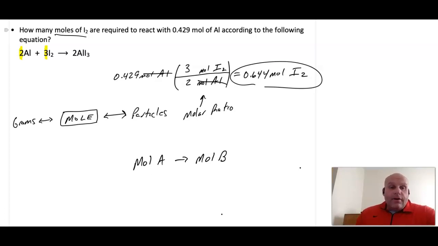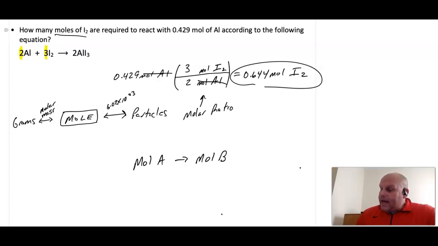I know how to convert to and from the mole to grams or mass and to and from the mole to particles. If you remember here, we're going to use the molar mass of our substance, and here we're going to use Avogadro's number to convert between moles and particles.